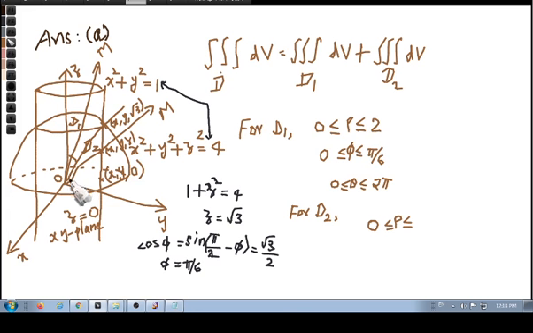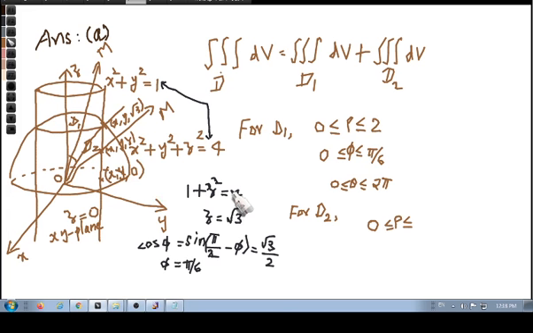So what about that distance? It will be the square root of x square plus y square plus z square. But this point x comma y comma z lies on the cylinder, so x square plus y square is equal to 1. So the distance of this point is square root of 1 plus z square.